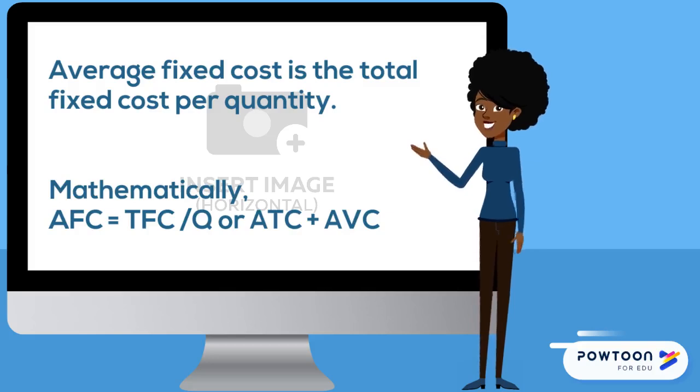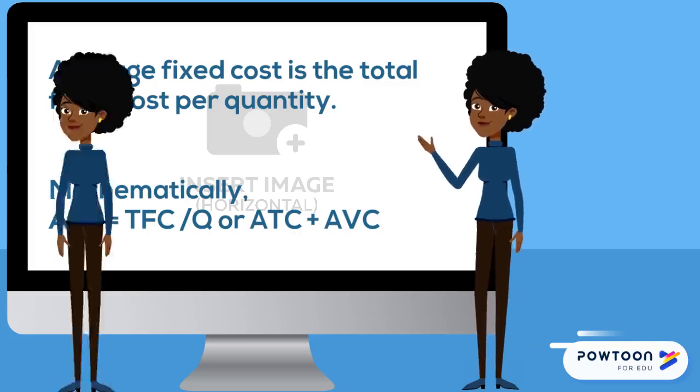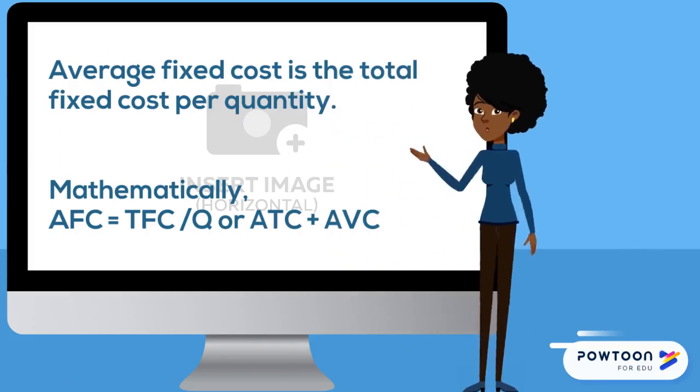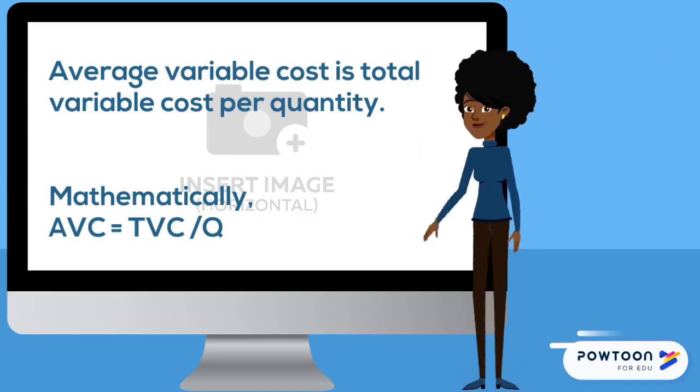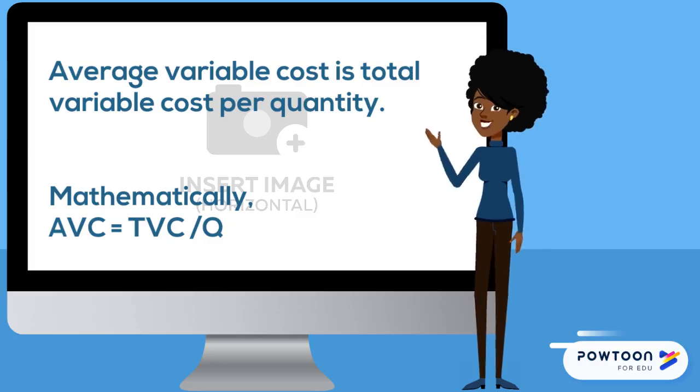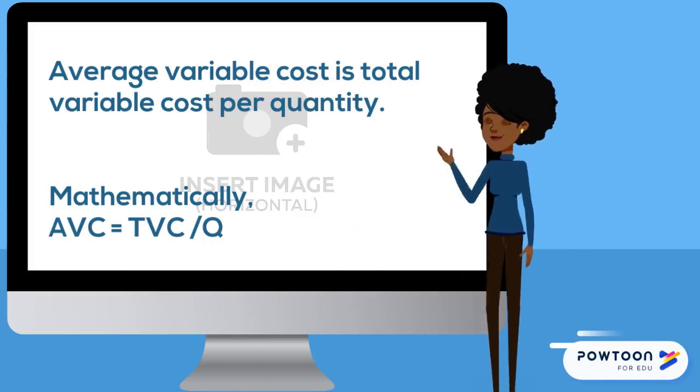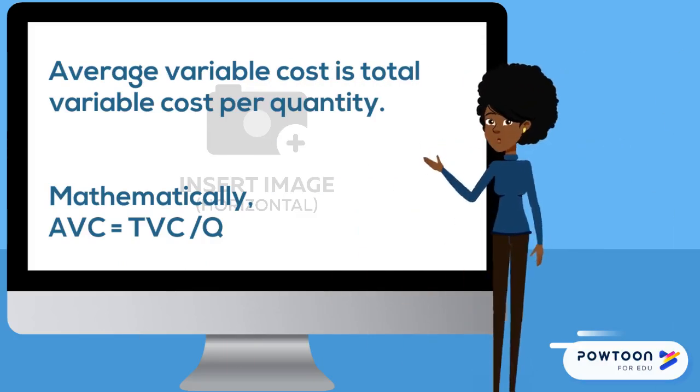Mathematically, average fixed cost equals total fixed cost divided by quantity, or average total cost minus average variable cost. Average variable cost is total variable cost per quantity. Mathematically, average variable cost equals total variable cost divided by quantity.